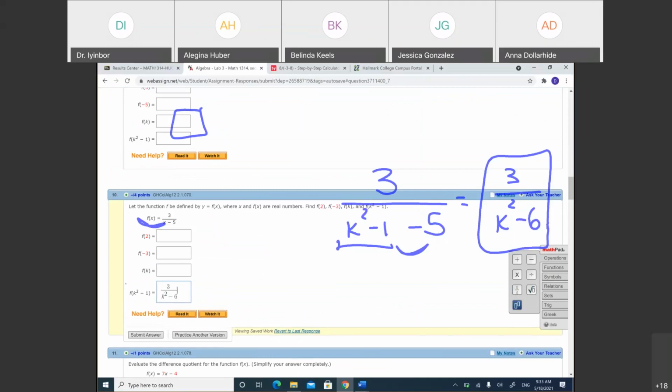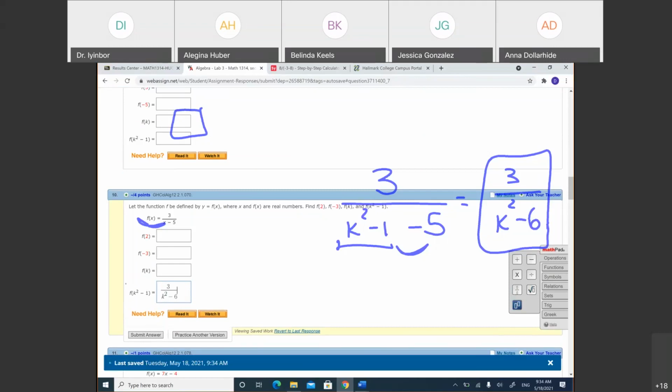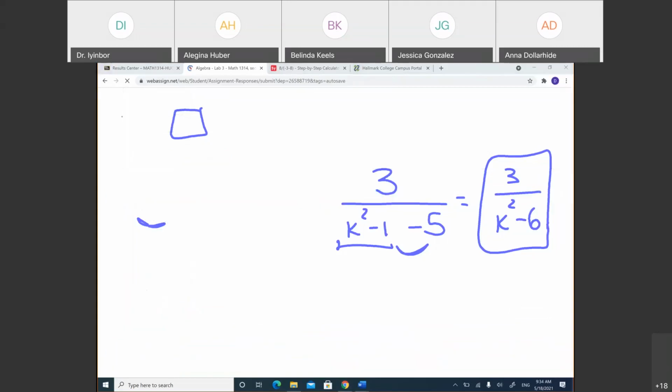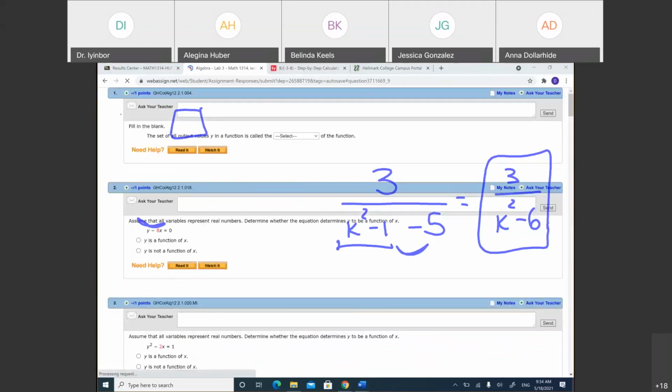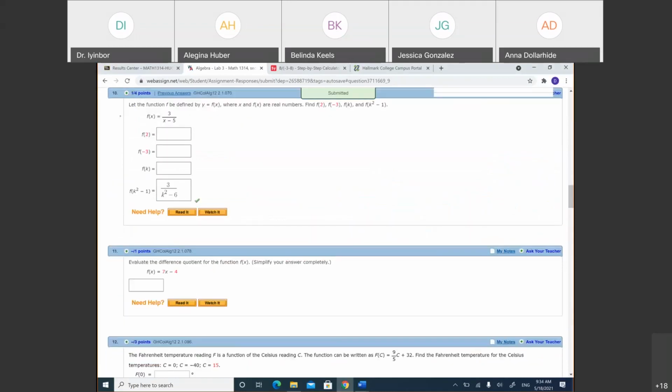So it has to look exactly the way it is. Make sure it looks exactly like the one you have on your paper. They have to be the same. And I can check it if you want. Okay? Any questions? Yes? Any questions on this?